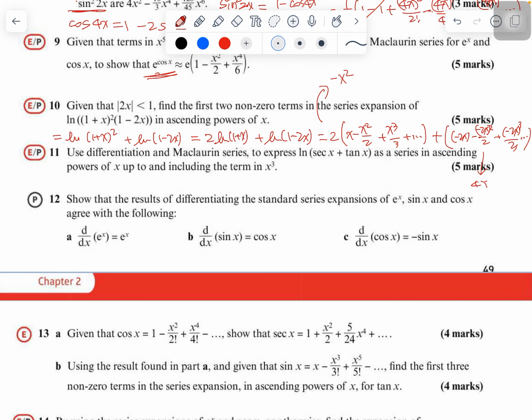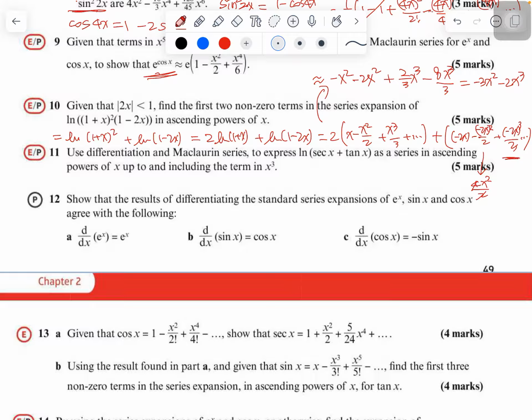This one, 4x squared over 2, so negative 2x squared, plus 2 over 3 x cubed, and here negative 8x cubed over 3. So it equals negative 3x squared minus 2x cubed. This is the ascending power of x for this answer.